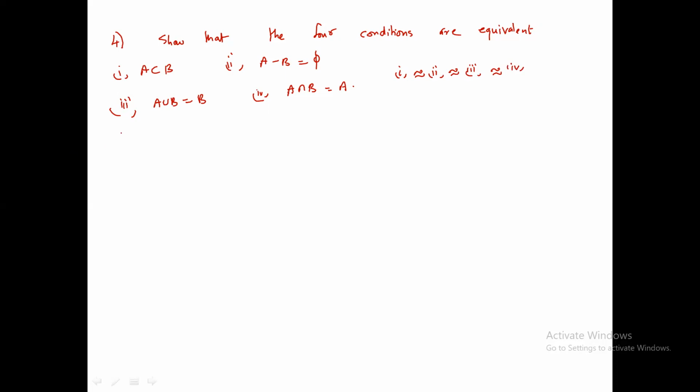So first we will prove 1 is equivalent to 2. A is a subset of B, we will take, and we will take A minus B equal to phi.